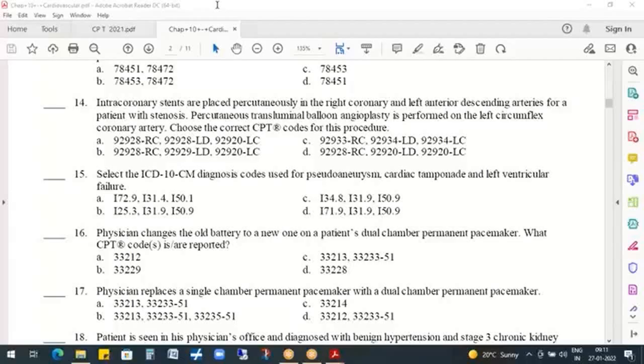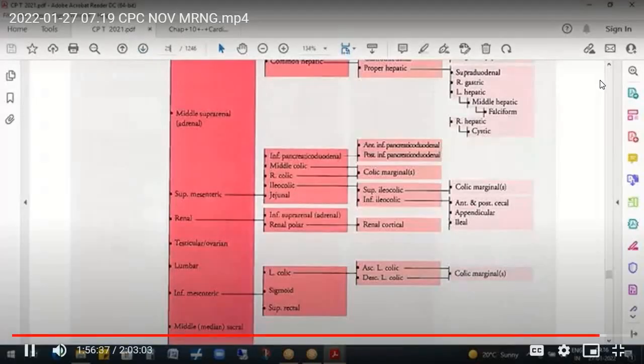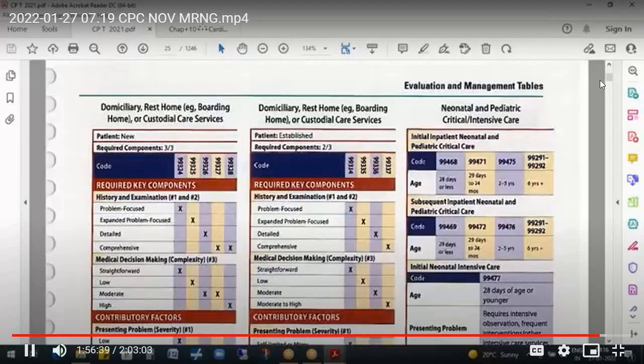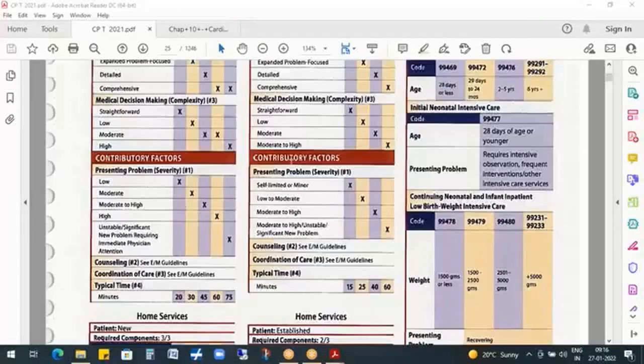Can you read the codes? Are there any codes there? No, codes are not given. There's just one paragraph. E&M, right? Page number 8.